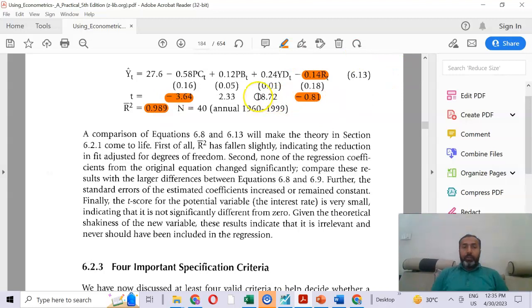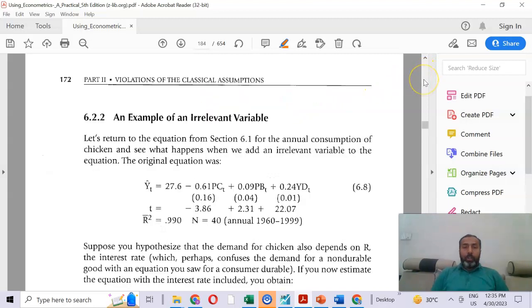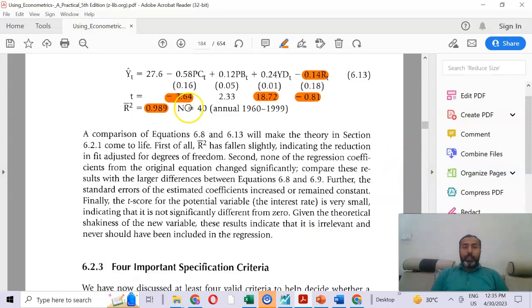And if you note the t statistic of price of chicken coefficient and disposable income coefficient in this equation are 3.64 and 18.72, while in the previous equation it is 3.86 and 22.02. So t statistics have also decreased.